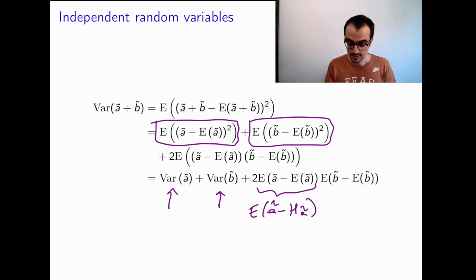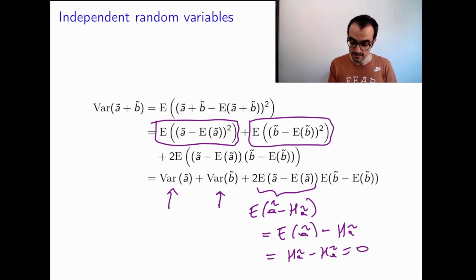However, here, by linearity of expectation, we have that this is the expected value of A minus the expected value of this thing, which is just a constant. So it can just come out, and this is actually the expected value of A minus the expected value of A, so this is 0.